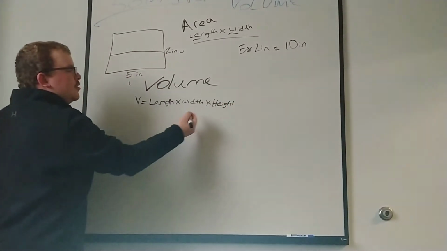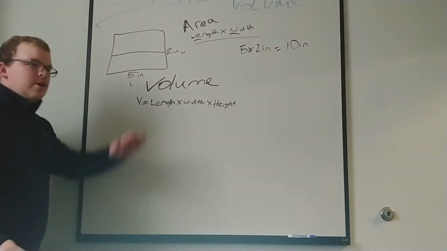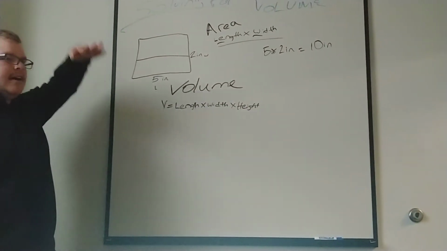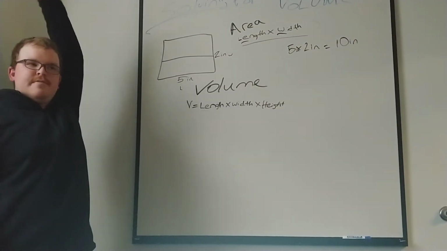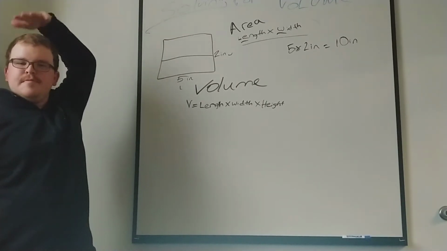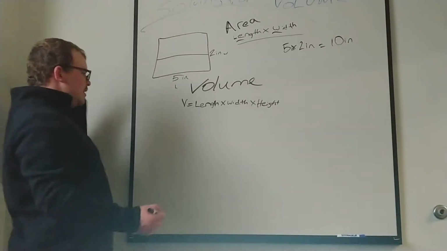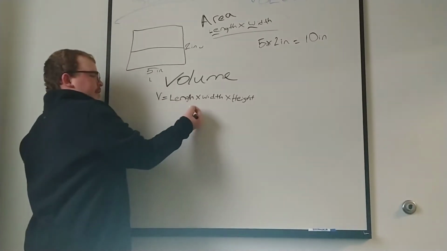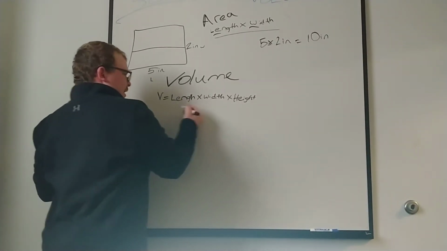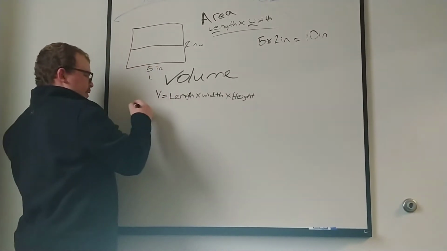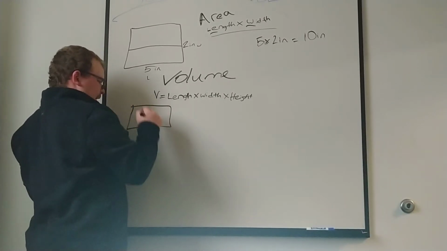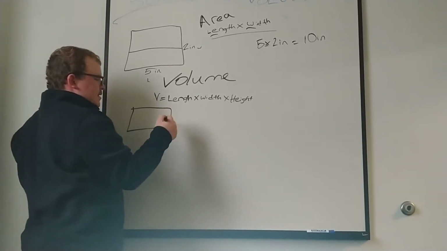So when we're doing height, we're talking about how tall something is. How tall. Is Mr. Austin very tall? Yes. Okay, so if we were to learn length times width times height, we can't do it on a square like this, or a rectangle like this.